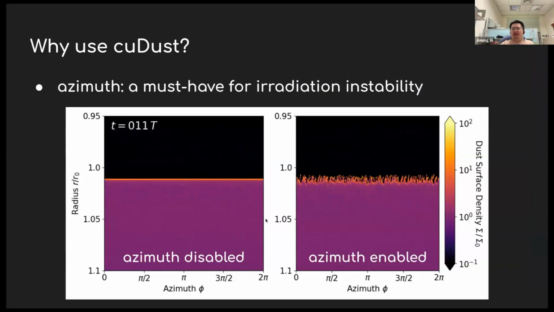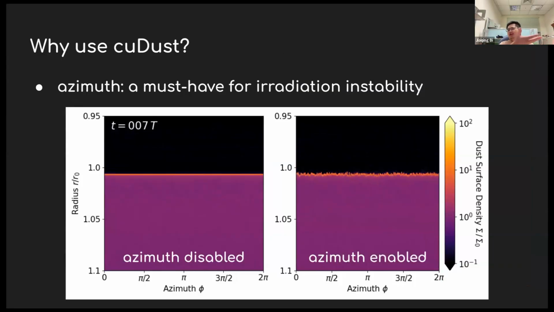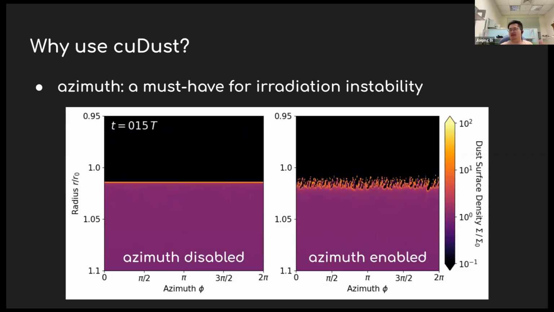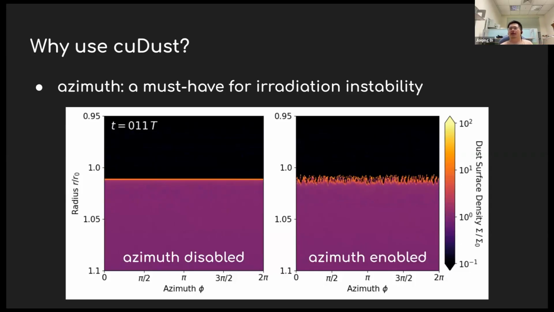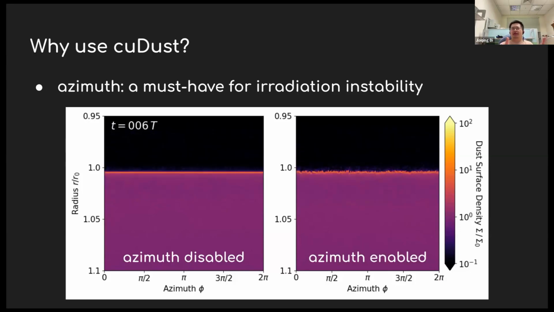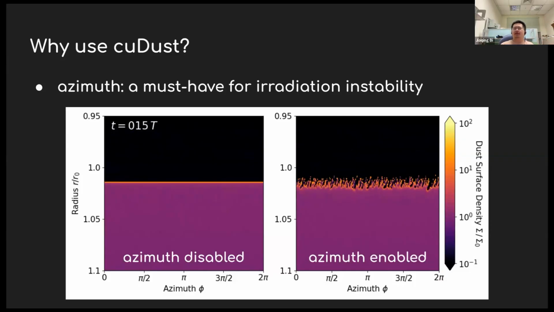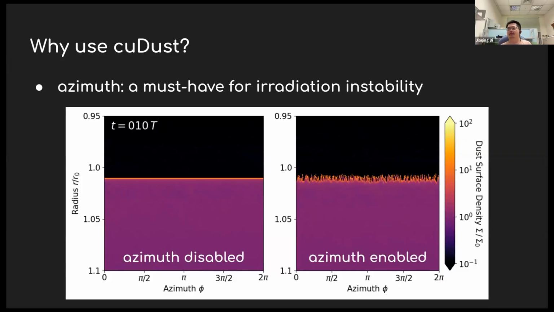So again, radiation pressure is not very new physics. cuDisk yesterday also includes it, and also Phantom and other codes. Why do we want to use cuDust? First of all, cuDust has a very important feature, which is that it includes the azimuthal direction in the model, which cuDisk yesterday doesn't include.